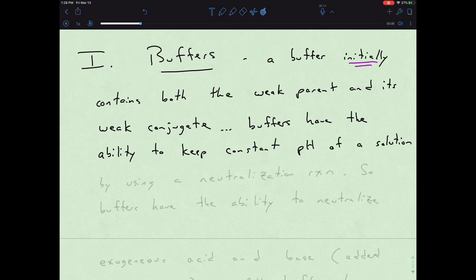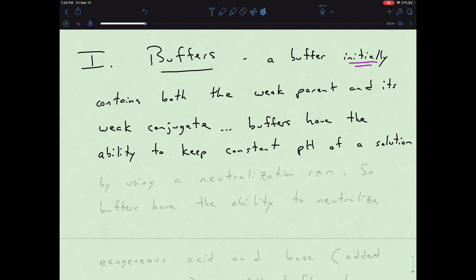We're often trying to replicate the actual biological system, and our biological systems are buffered. Your blood is buffered with a carbonic acid type buffer to have a pH of 7.4. If your blood's pH starts to drop or starts to increase, things are not good for you. Certain processes in our body are very much pH dependent. So having a buffer allows that pH to remain constant.